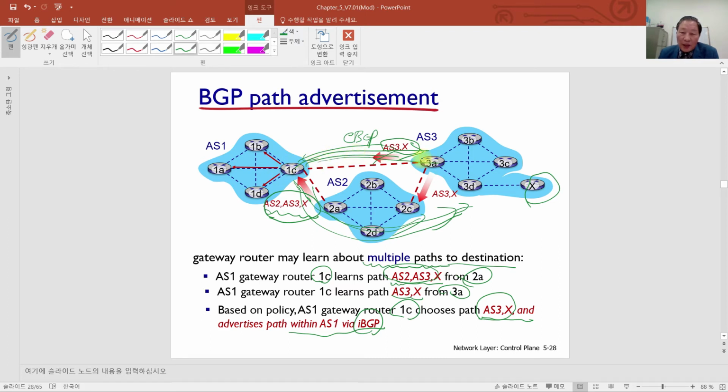This one is better if that is considered the better path, because it is going through only a single link, but this other one is going through another autonomous system, while this one is using a direct link. Then that will be better, because that information is propagated using iBGP in autonomous system 1 by this 1C gateway router.